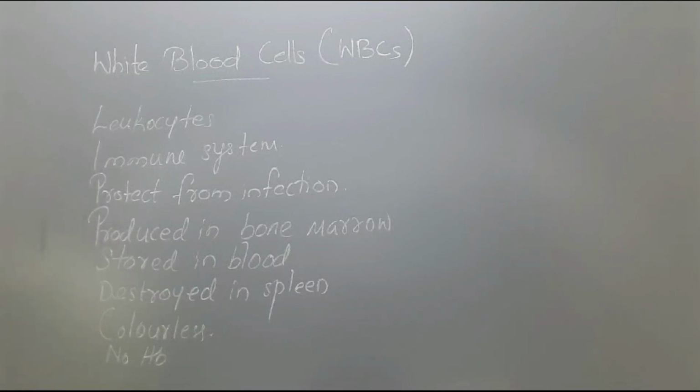Now, where are these WBCs produced? WBCs are produced in our bone marrow and they are stored in our blood, and also in our lymph tissues.